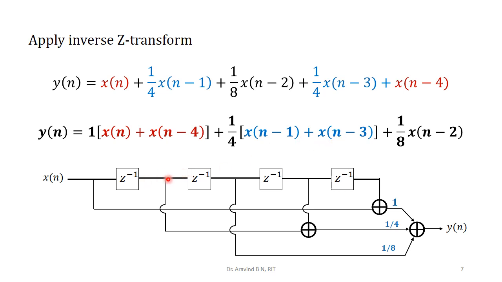This is the x of n minus 1 line, then x of n minus 3 is this line. It has been added here and multiplied with 1 by 4, and that 1 by 4 is represented here. The last one is x of n minus 2 multiplied with 1 by 8, given here.